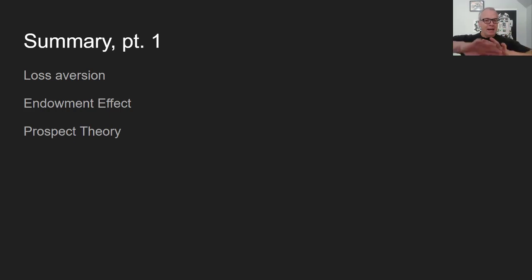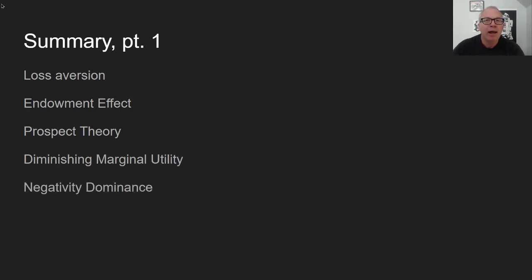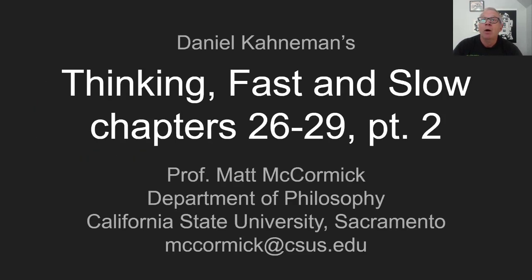Prospect theory is that great big chart, with 4 quadrants that show those curved lines that deviate from expected value theory. Diminishing marginal utility is the bending of those curves, and negativity dominance is this idea that the prospect of harms or disutility or things that might hurt us dominate and have disproportionate value over things that might benefit us.